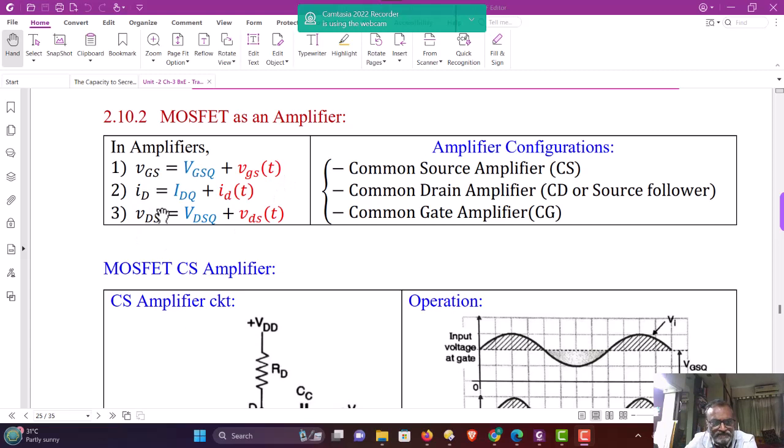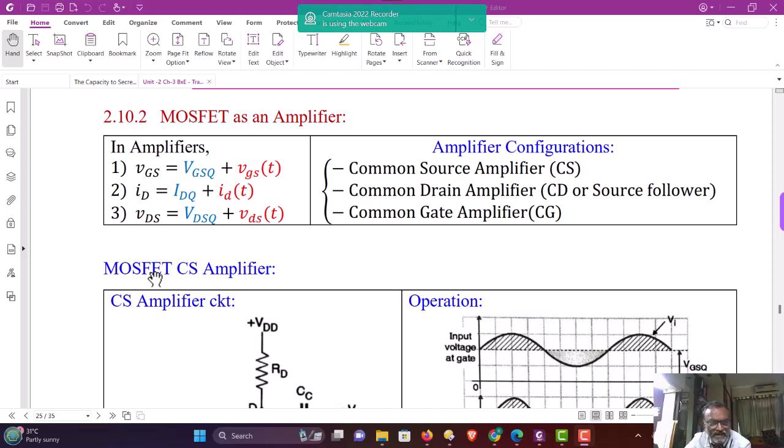Similarly, for ID, when VGS has DC plus AC quantity, obviously this input side DC parameter gives rise to a drain side DC current, that is IDQ, and the input AC quantity gives rise to the drain side AC current quantity, that is id, a function of time.